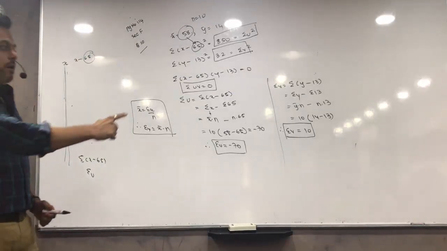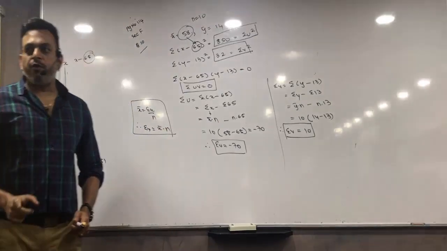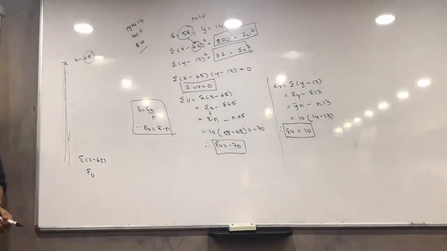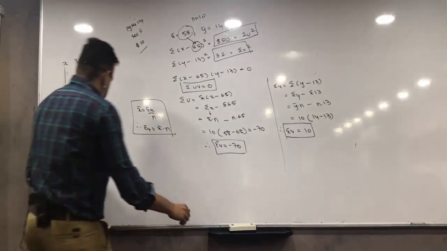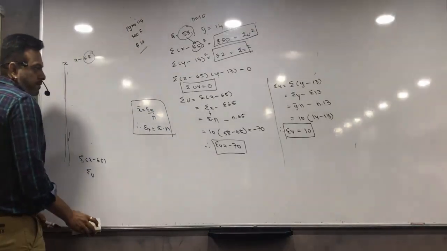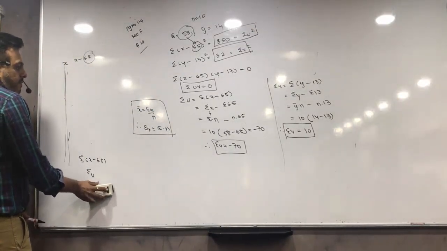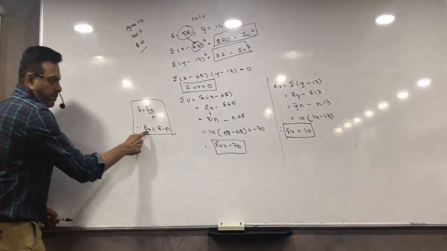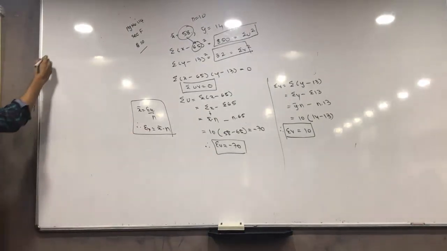I'm sure this sum or similar sum will come in your first term exam. 100%. 100% it will come. So perfect कर लेना. You write this also, so that you don't forget this, and then you write the formula.